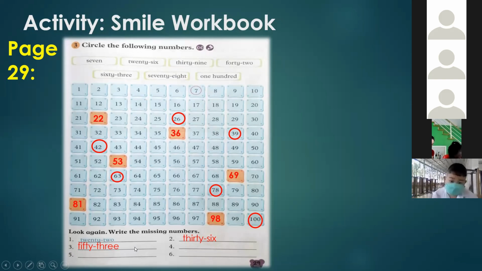Next is 69. How do we spell 69? SIXTY-NINE. Next number is 81.